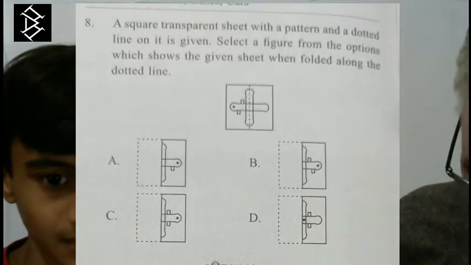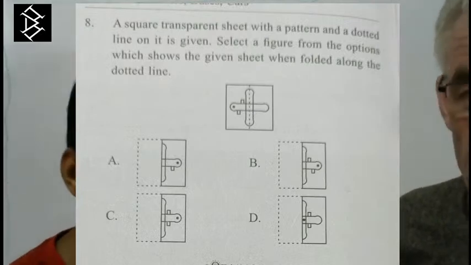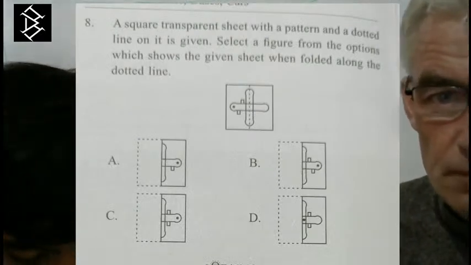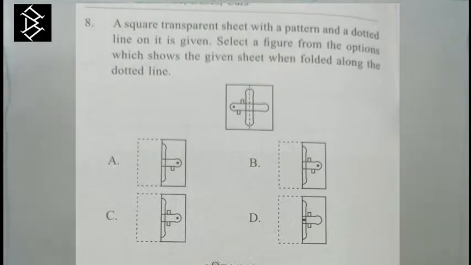Next question, it's about reflection. So a square transparent sheet with a pattern and a dotted line on it is given. Select a figure from the options which shows the given sheet when folded along the dotted line. Here you can clearly see the dotted line is running halfway through the square.